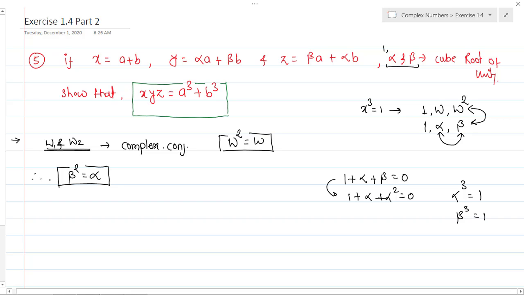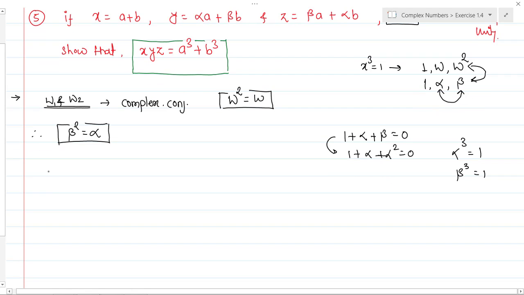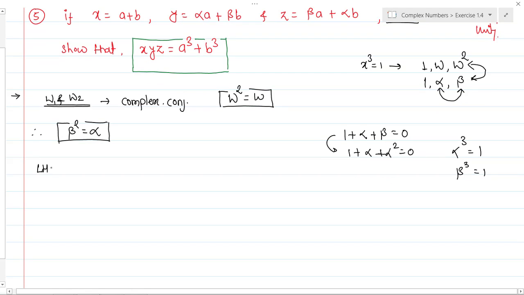Now let's take the values of x, y, z, and take the left hand side. LHS is x into y into z, which is equal to x is a plus b, y is alpha a plus beta b, and z is beta a plus alpha b.